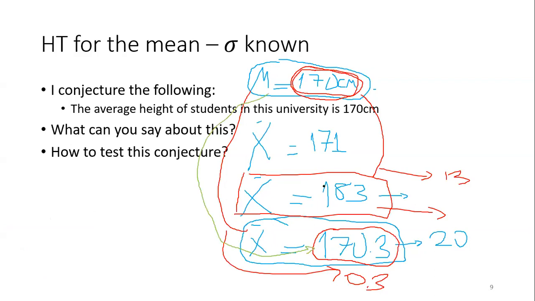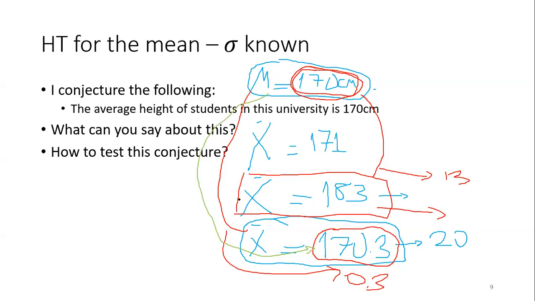Okay, so where can we say, you are right, mu can be 170 centimeters? And where can we say, hocam, there's a problem with your conjecture, that's probably not true? So where is the threshold? At 171, 173, 175?